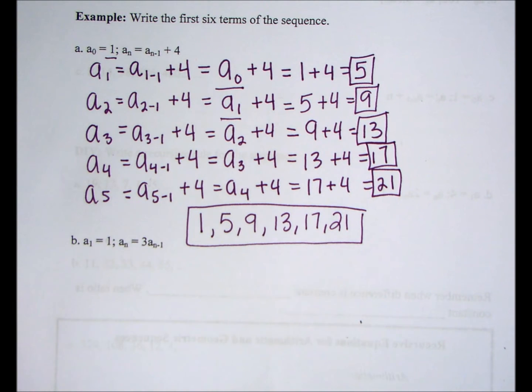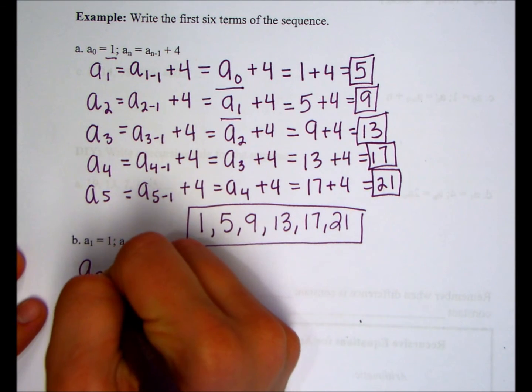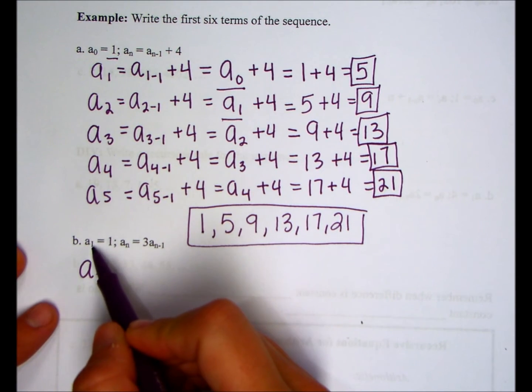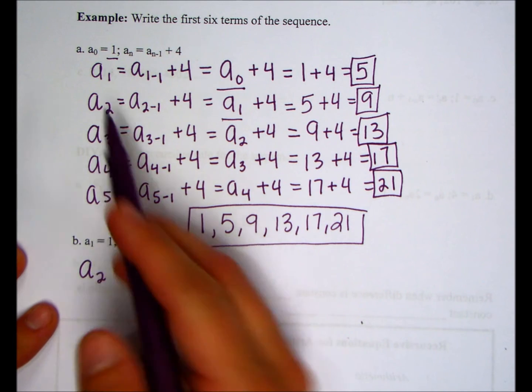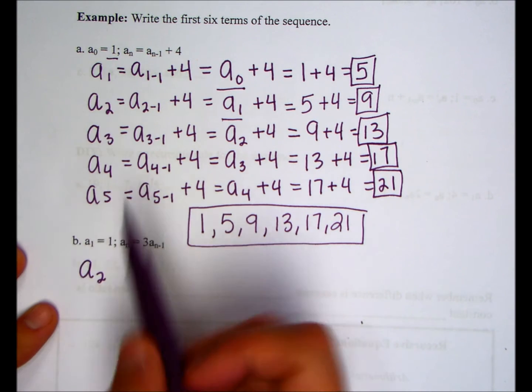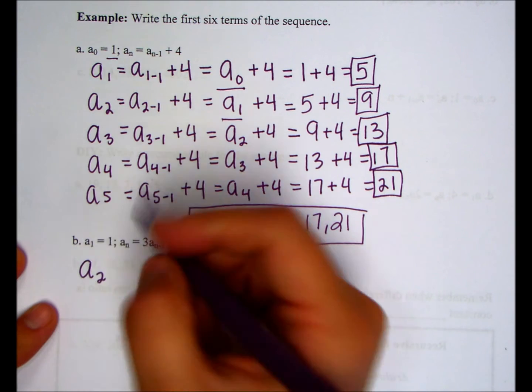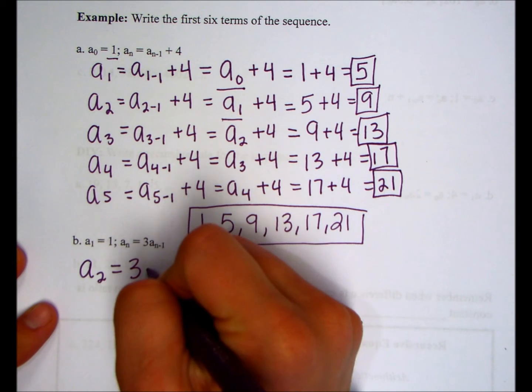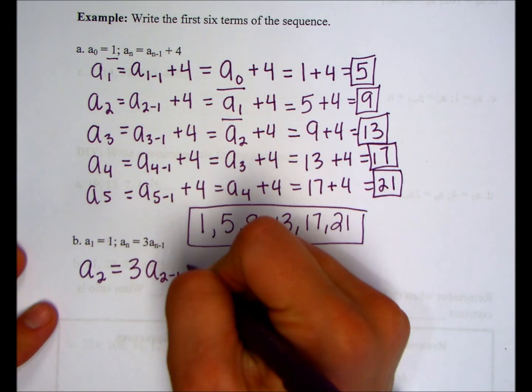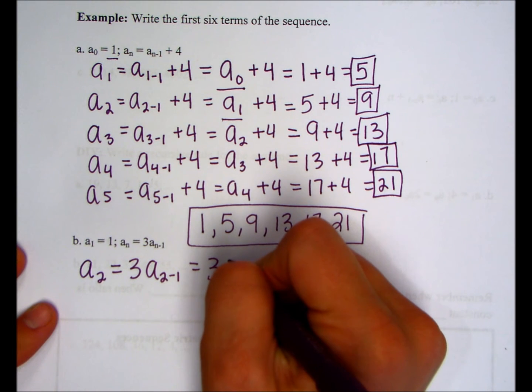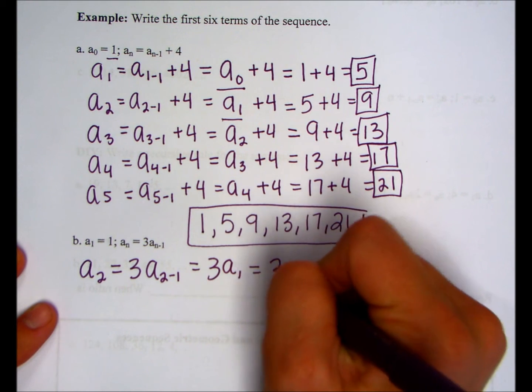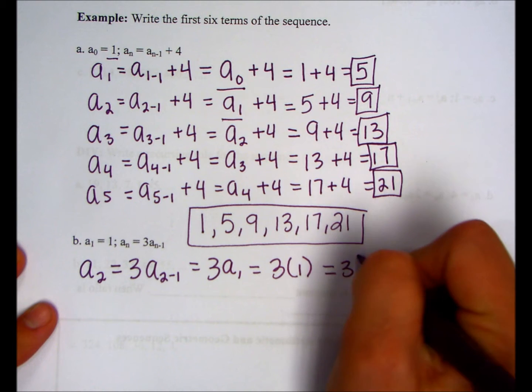My next example starts with a sub 1, and they tell me a sub 1 is 1 here. So now I'm finding a sub 2. On the last problem I started at a sub 0, now I'm starting with a sub 1. So this is going to be 3 times a sub 2 minus 1, which is 3 times a sub 1, which is 3 times 1, which is just 3.